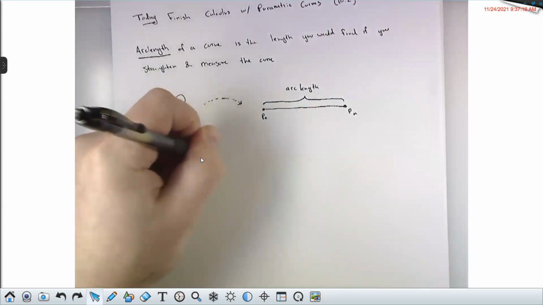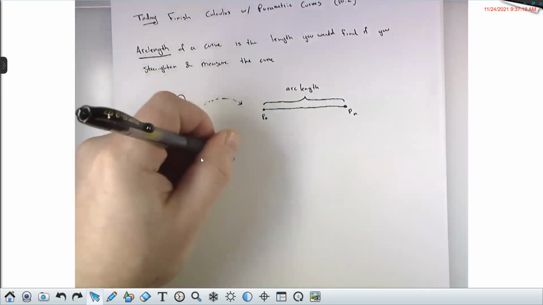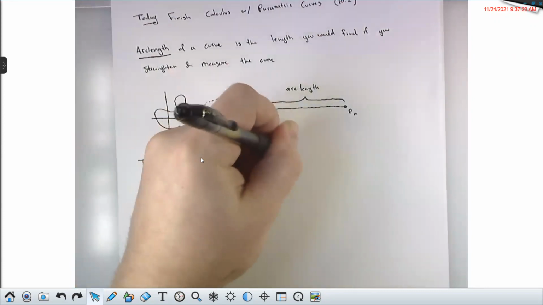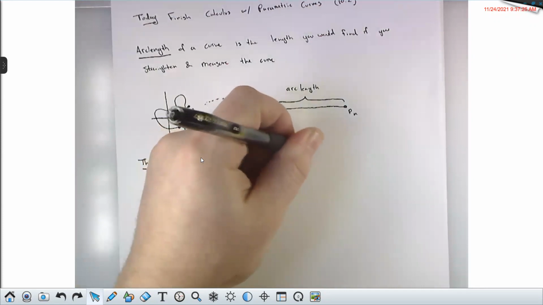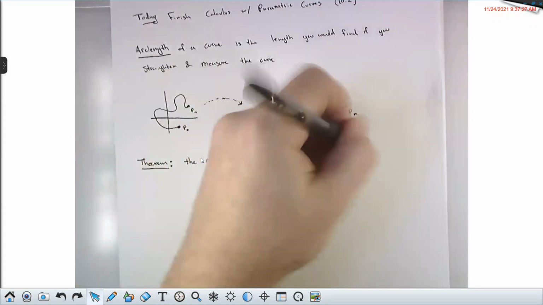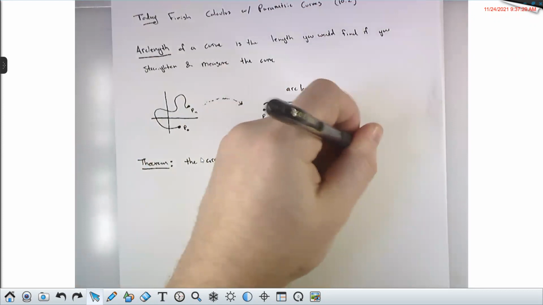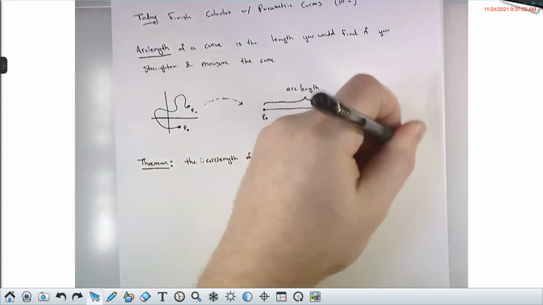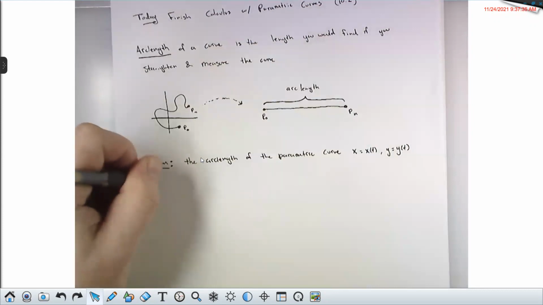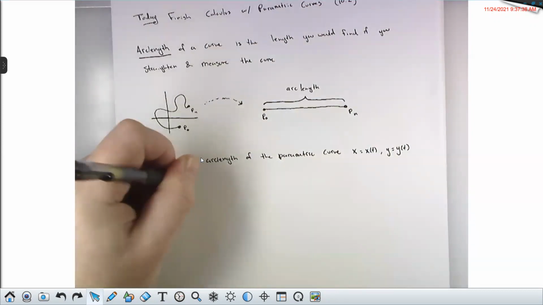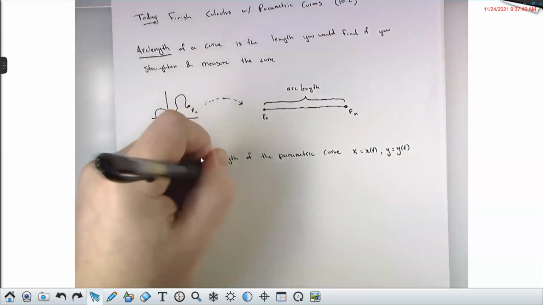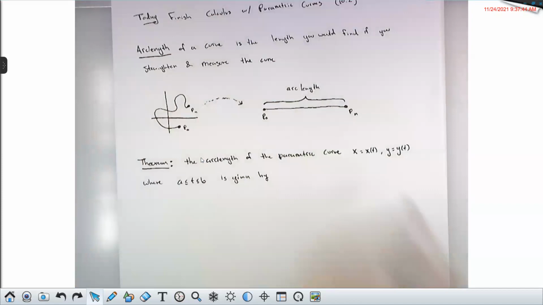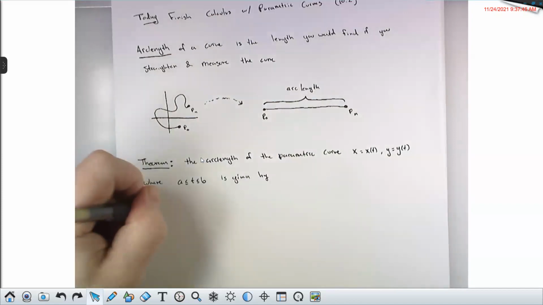The arc length of the parametric curve x equals x of t, y equals y of t, where t runs from A to B, is given by, we require that the x and y functions both be differentiable.